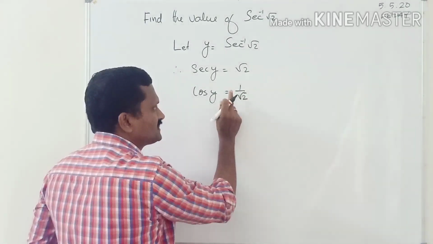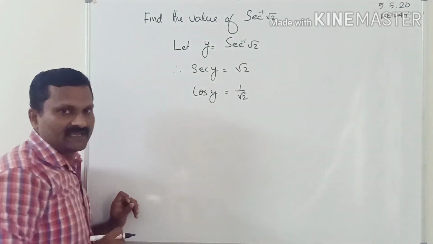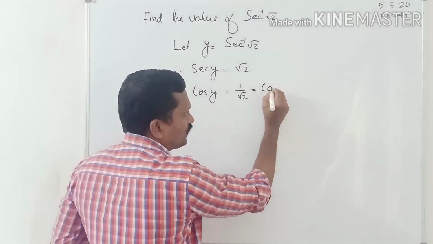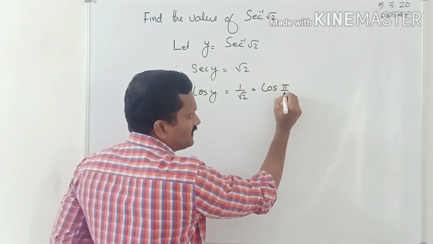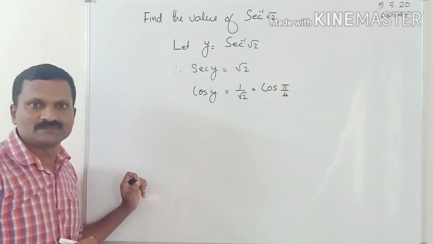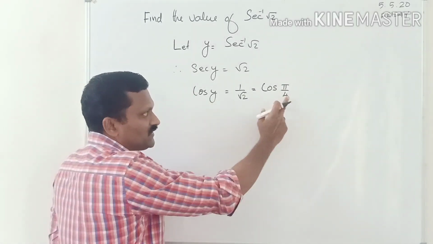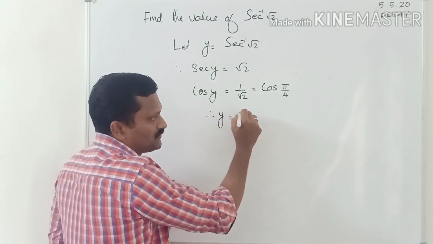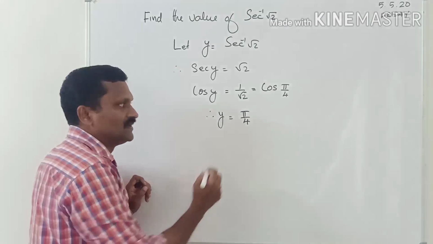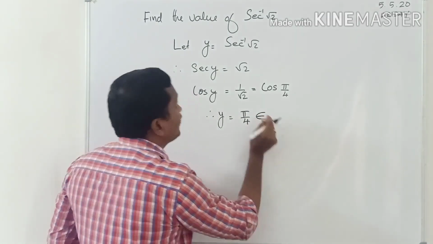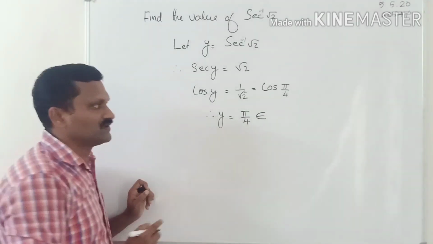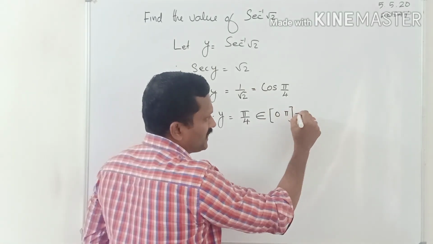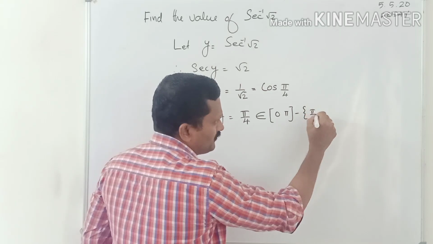We know that cos 45 degree is 1 by root 2. So instead for 1 by root 2, we can write it as cos pi by 4. Now cos y equal to cos pi by 4. Therefore y equal to pi by 4, which clearly belongs to the range of sec inverse x, that is closed interval 0, pi minus set pi by 2.